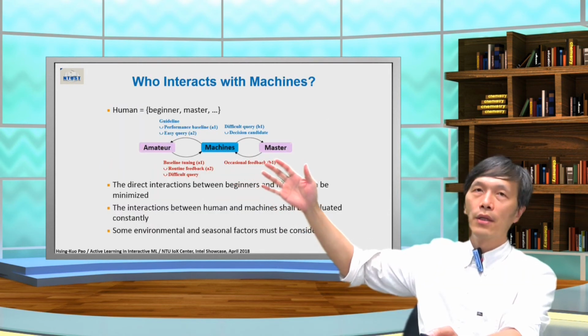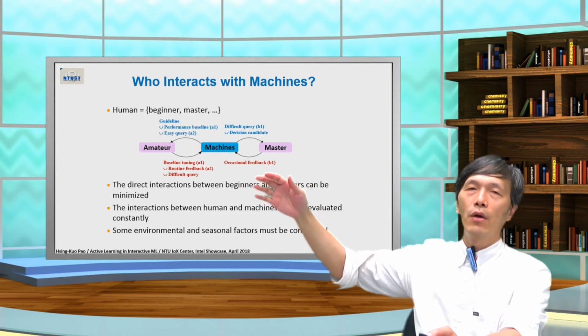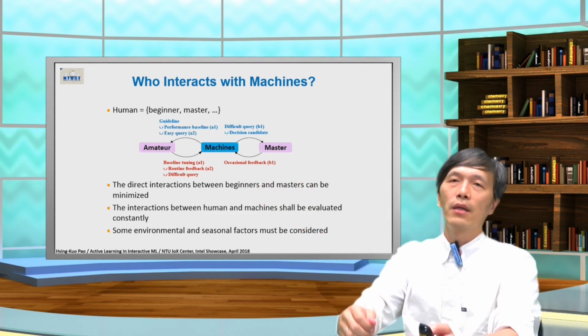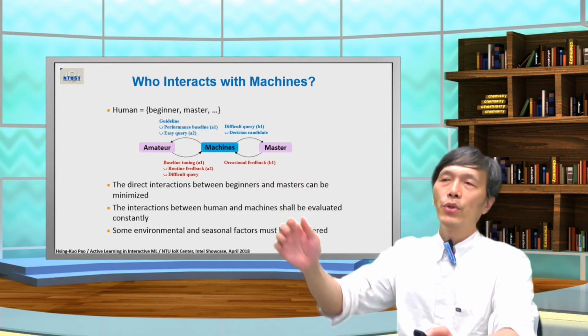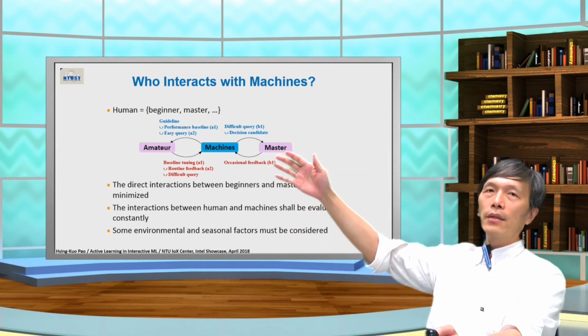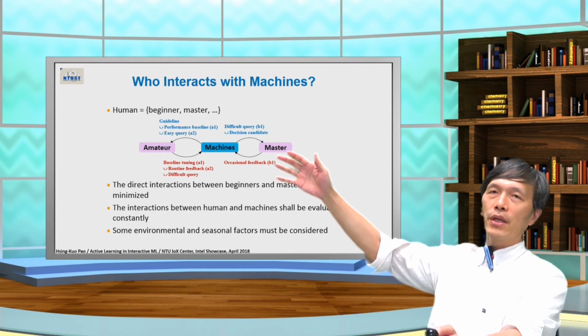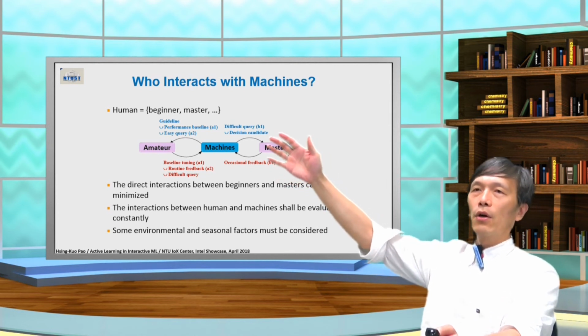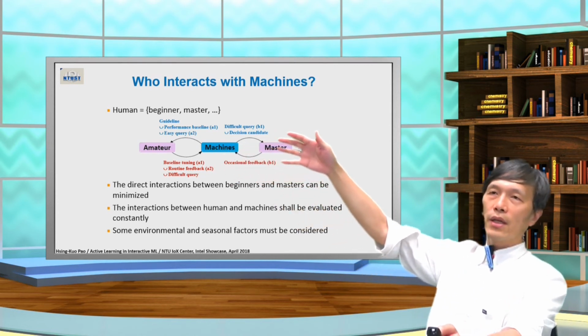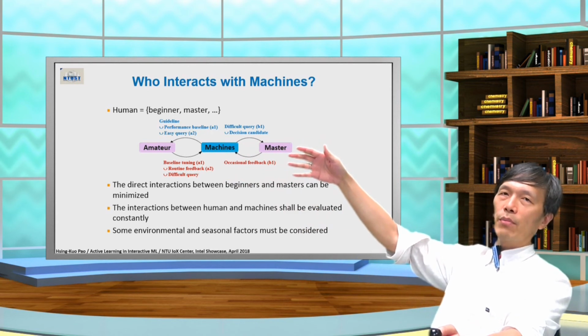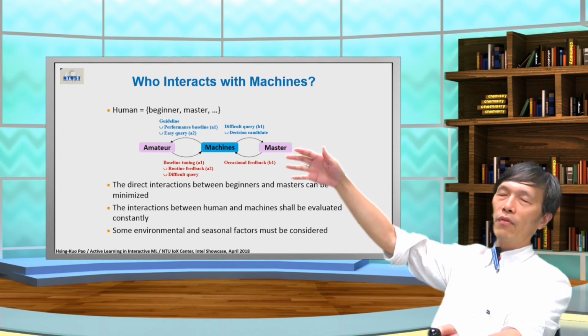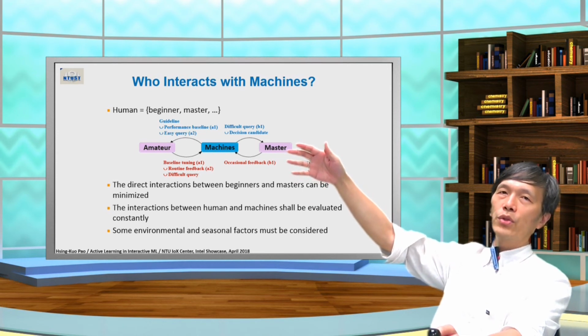We use this to illustrate what we want to focus on in active machine learning. The human may be considered a master or a novice. Between the master and the machine, the master will continue to provide label information.